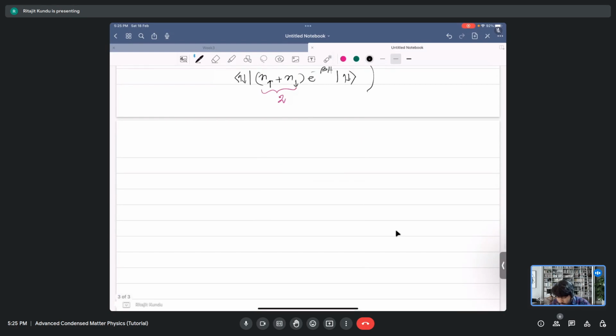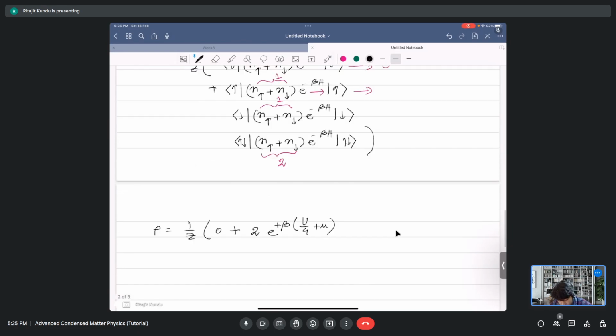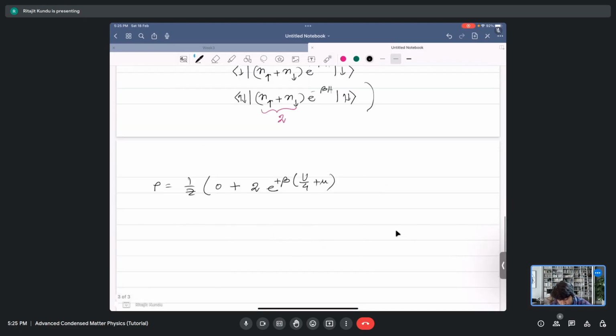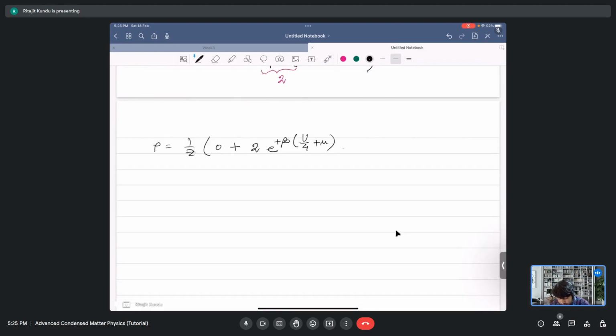Now rho is 1 by Z, 0 for the first term, and then the next two terms give the same contribution, so we'll write e to the power minus beta, let me make it, U by 4 plus mu, and then plus 2 e to the power minus beta U by 4 minus 2 mu. So this is the result that we're looking for.